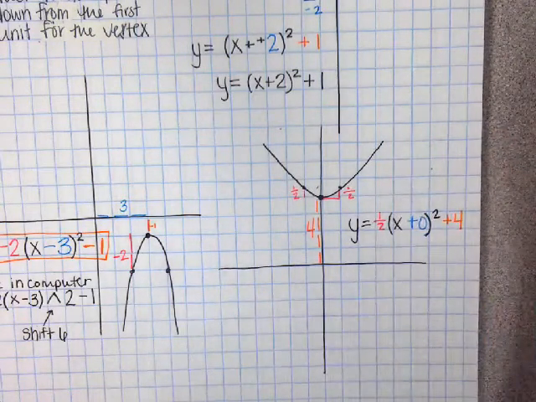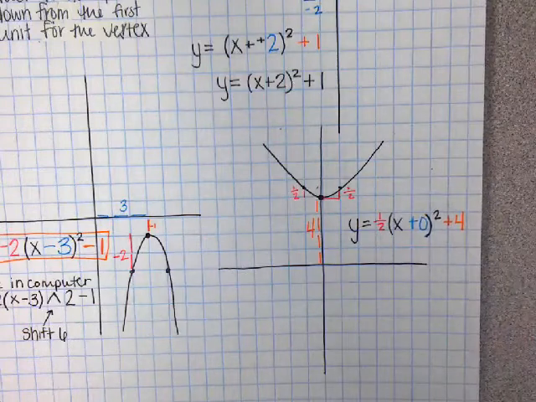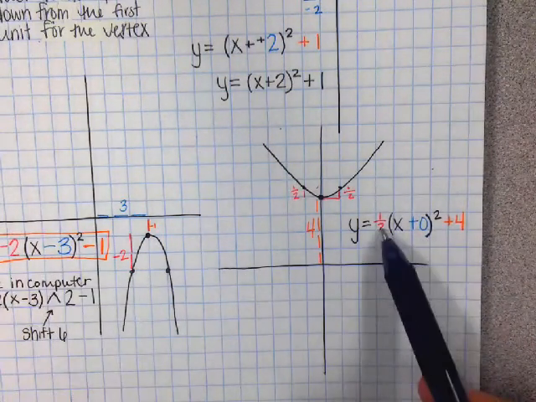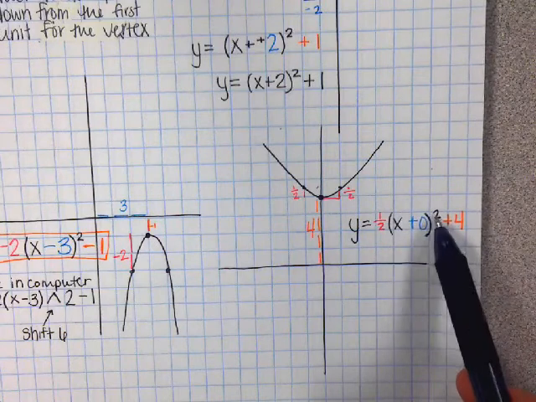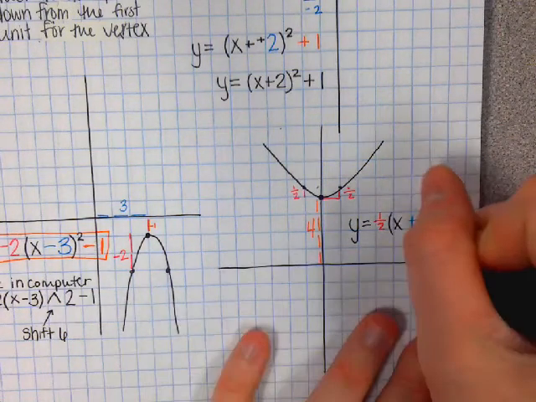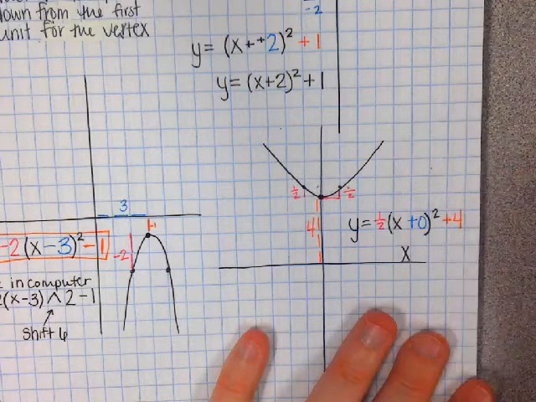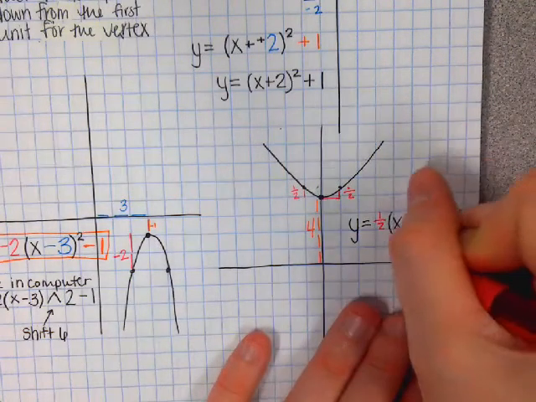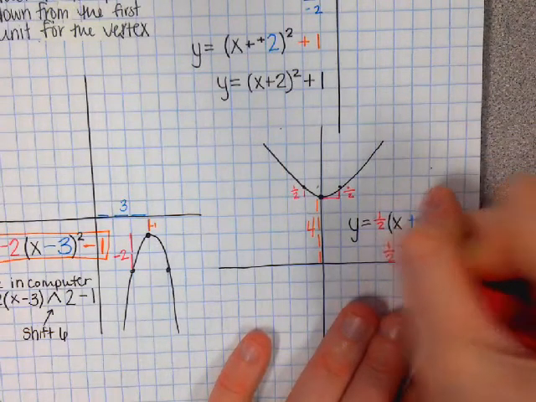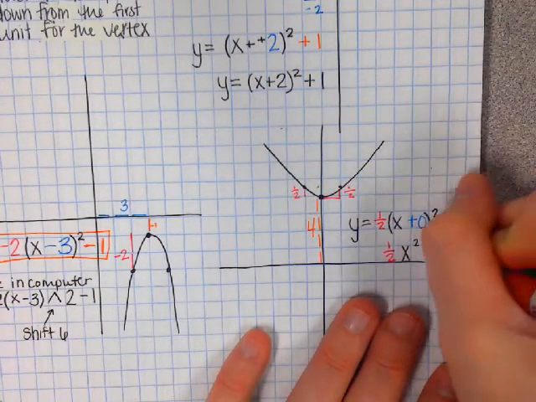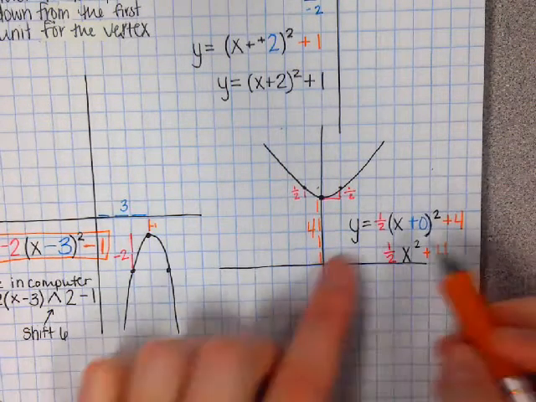And then it moved up 4. So it's 1/2 x +0 squared +4. Since we have x +0, that's the same thing as just having x squared. So you could type it like this: 1/2 x squared and then +4.